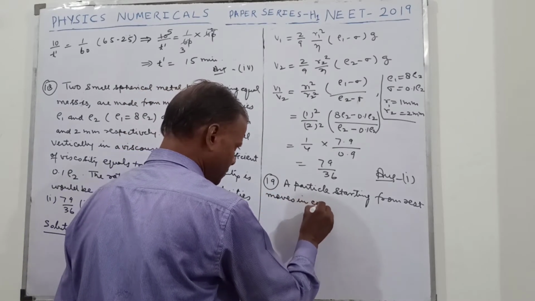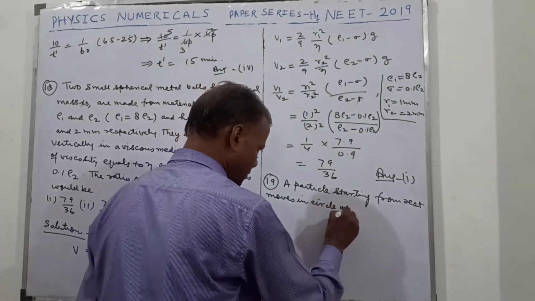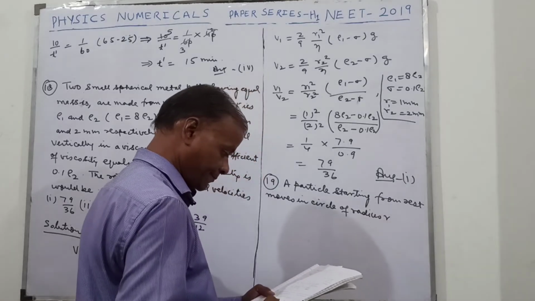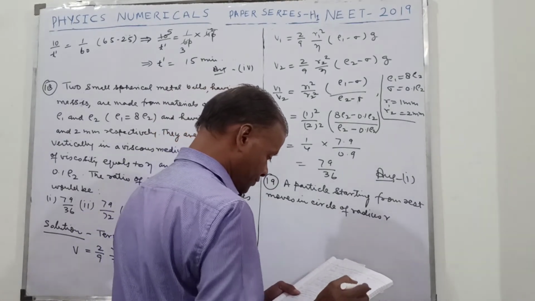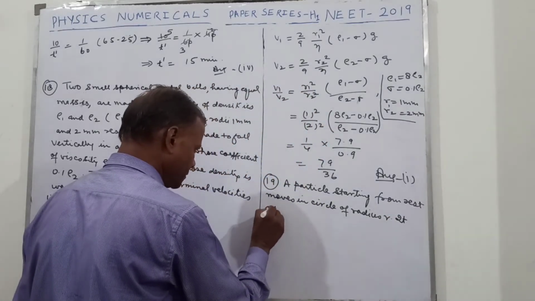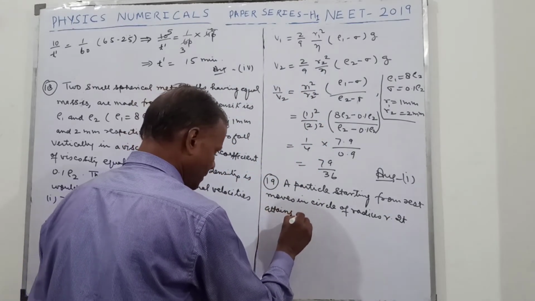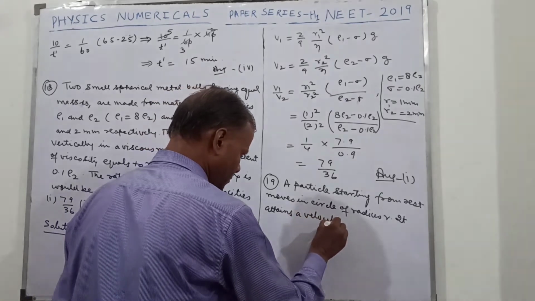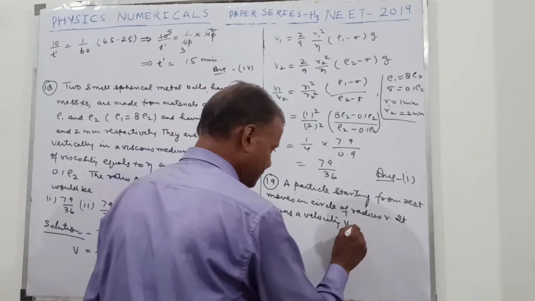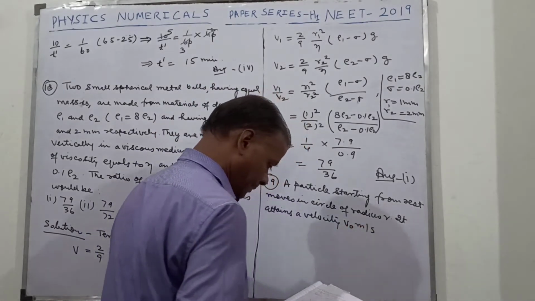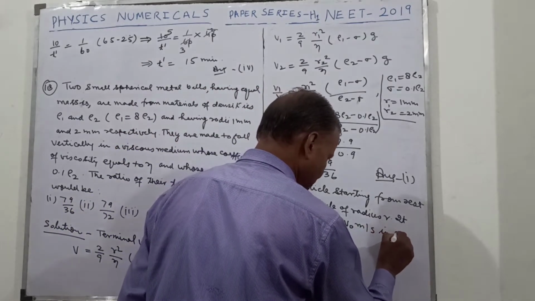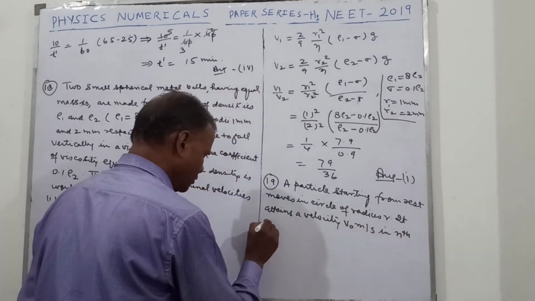It attains a velocity v0 meter per second in the nth round.